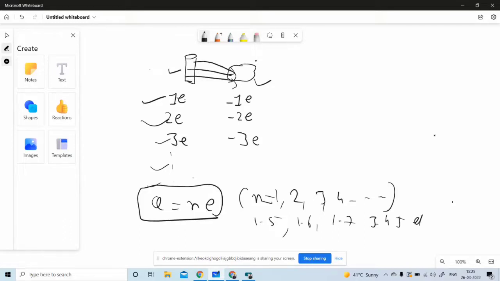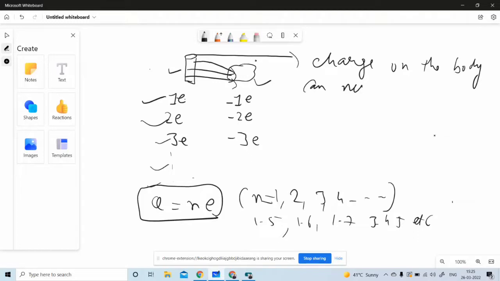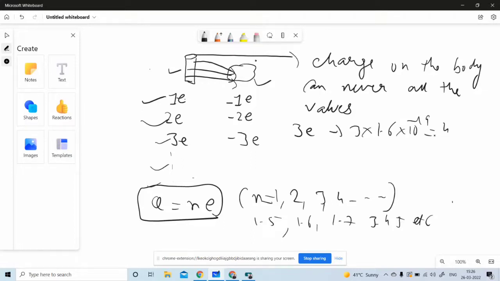Is it clear? That means the charge on this body can never have all values. If the glass rod is losing 3 electrons, it will have 3e positive charge, that is 3 into 1.6 into 10 raised to minus 19, so that is 4.8 into 10 raised to minus 19 coulomb.